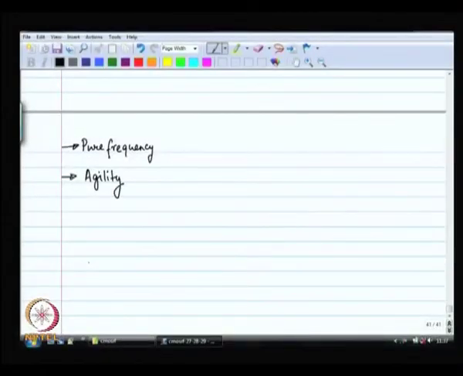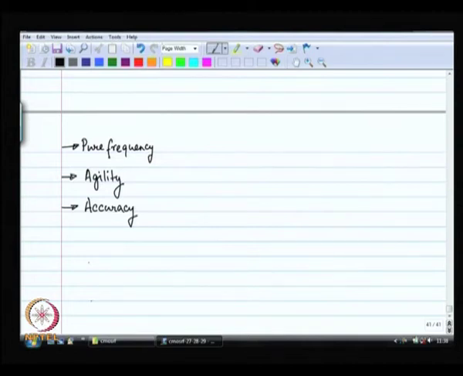I am going to call this agility. Your oscillator has to be agile, it has to be able to move around as rapidly as demanded by the base station. The next thing is your oscillator has to be accurate. What do I mean by accurate?